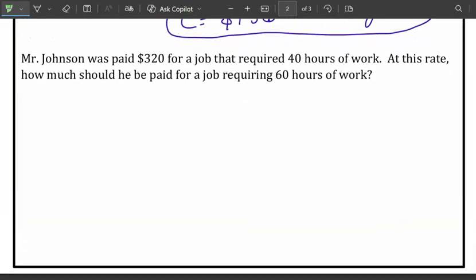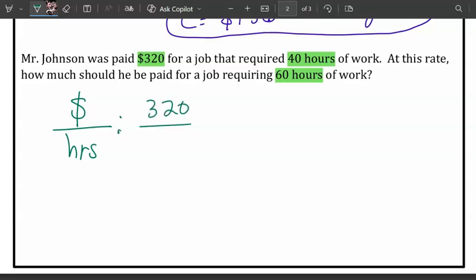Mr. Johnson was paid $320 for a job that required 40 hours of work. At this rate, how much should he be paid for a job requiring 60 hours of work? Okay, so we have money over hours. 320 over 40 equals something over 60.